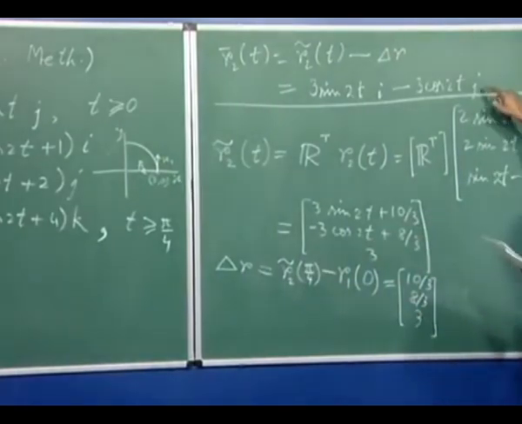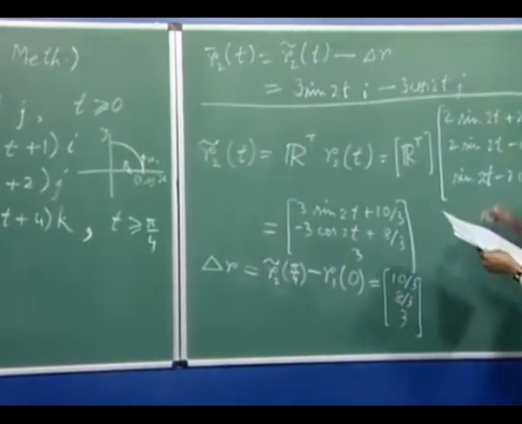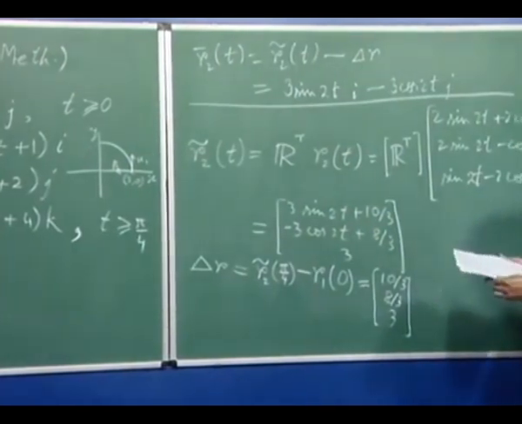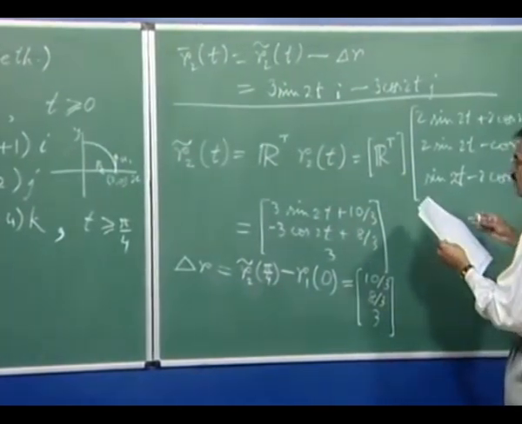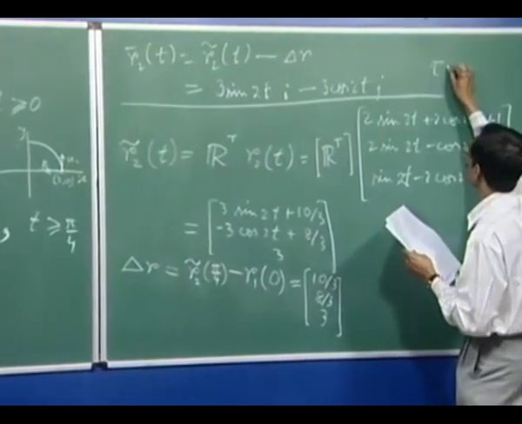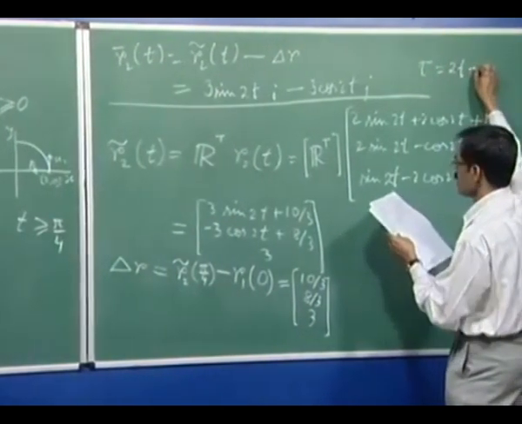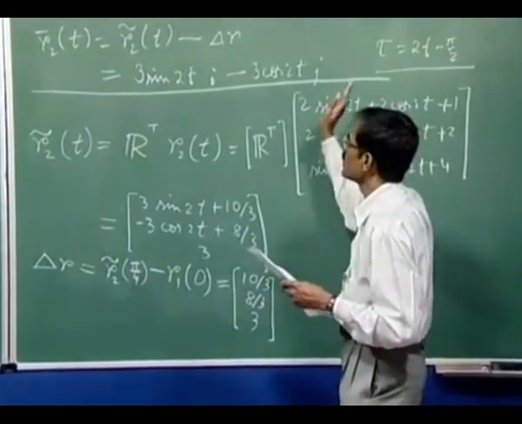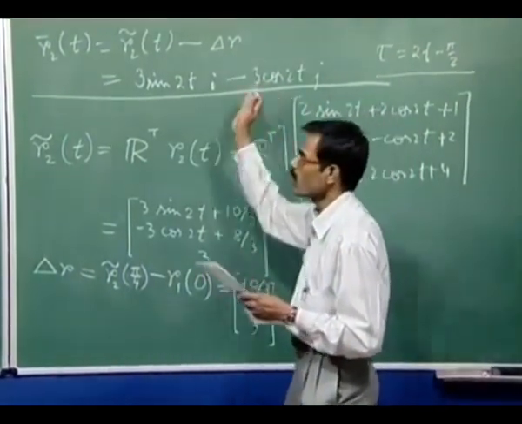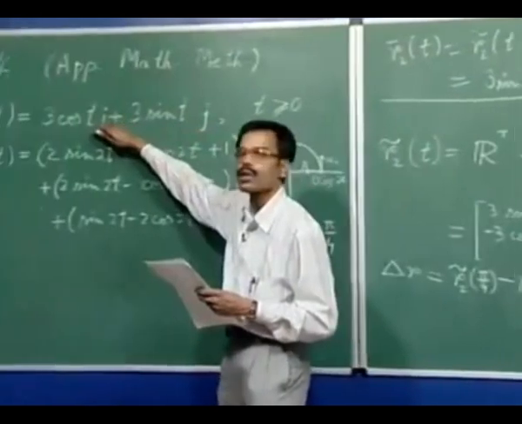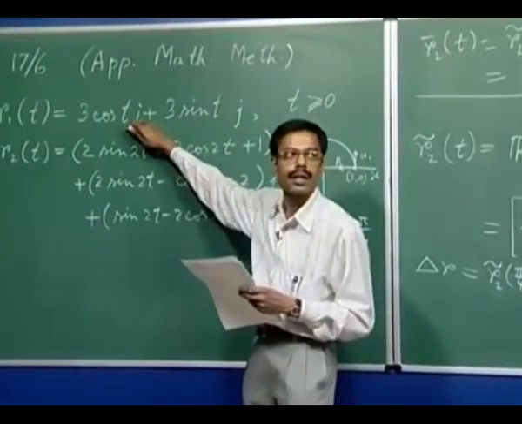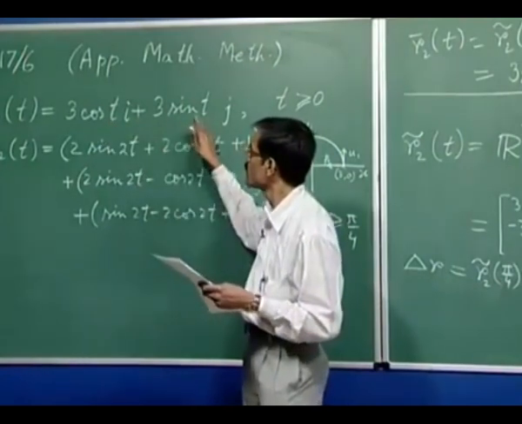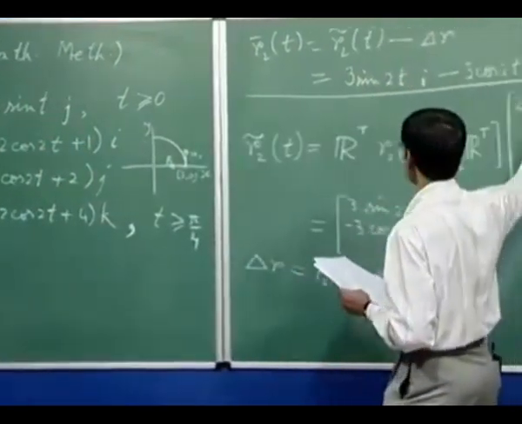If you now try to reparameterize this same curve with a little different parameter, say with tau equal to 2t minus pi by 2, then you will find that the equation of this transforms exactly to the equation of this in terms of tau. So whatever is this equation in terms of t, the same equation here you will get in terms of tau.